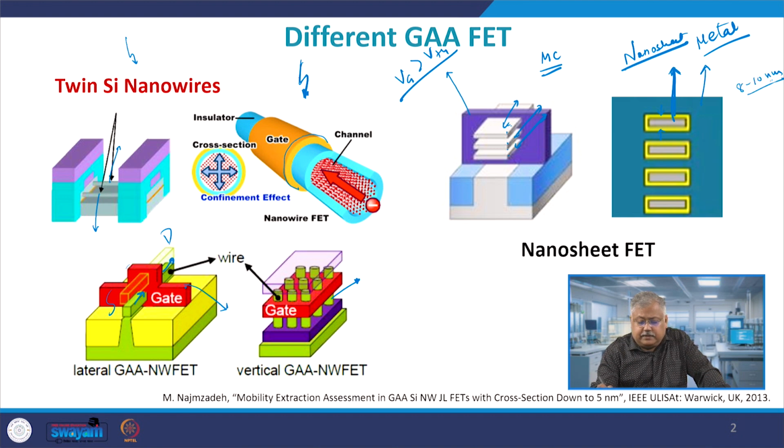Though I have shown them here as triangle or rectangle in nature, in reality they might actually be rounded, and you will have a metal gate here which will give the potential. Now, if you give a potential at this particular point, there will be an inversion layer formed near the edge of the channel, just below the oxide layer, and it will extend in the third dimension going into the plane of the paper, or the plane of your computer.